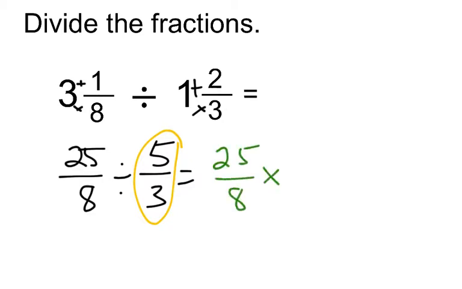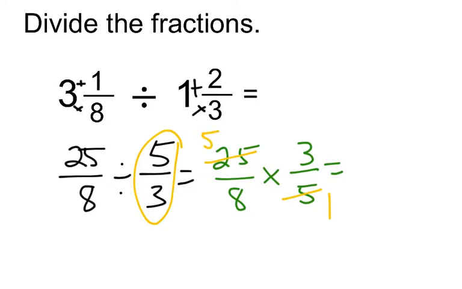So I have 25/8 times 3/5. Again, always check to see if you can factor anything out. Well, it has to be on the numerator and the denominator. Can I factor out something on the numerator and the denominator? Well, with 8 and 3, I cannot. But with 25 and 5, I can factor out a 5.